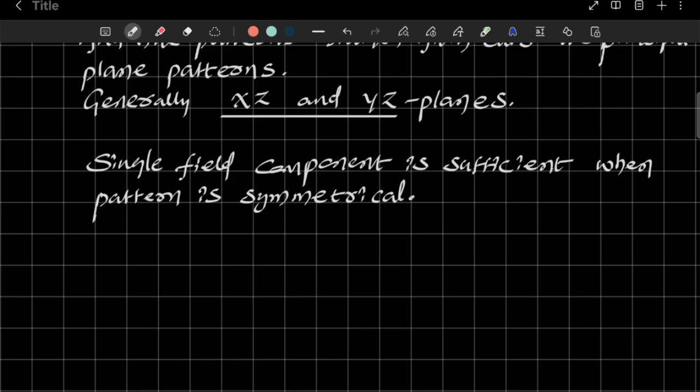According to these planes, XZ and YZ planes, the pattern is to be symmetrical with respect to z axis. Then even if you take XZ, YZ, both will be same. Okay. So in this case, just one cut is enough.